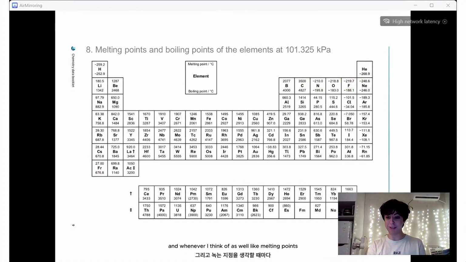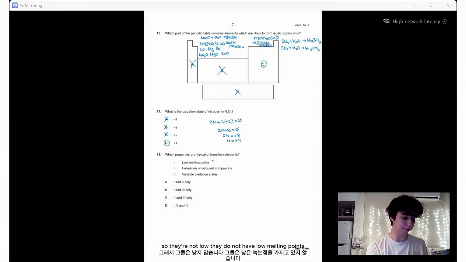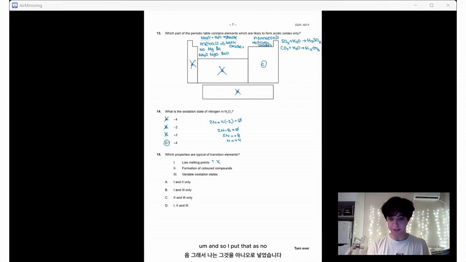Whenever I think of low melting point elements, one I think of a lot is gallium. I looked at gallium, and gallium is 29.77. As a reference, these guys are not close, so they're not low. They do not have low melting points. And so I put that as no, which ended up being true.